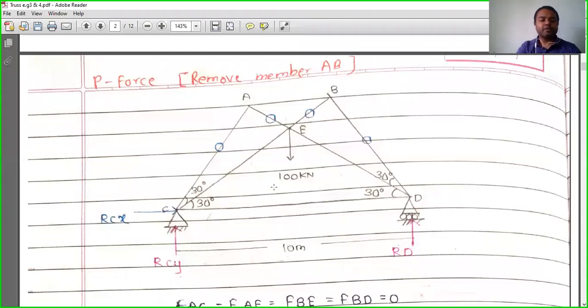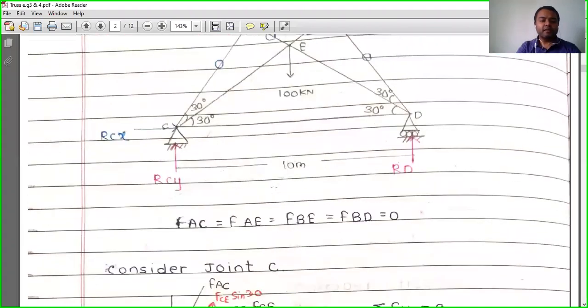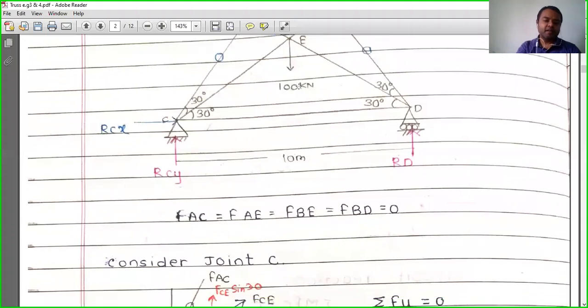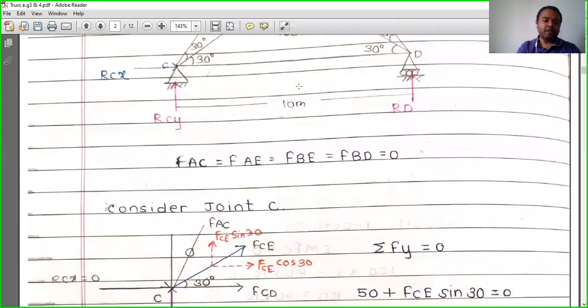Okay, so again, just consider the free body diagram of joint C. So here we have considered the FBD of joint C. Again, how to draw a free body diagram?